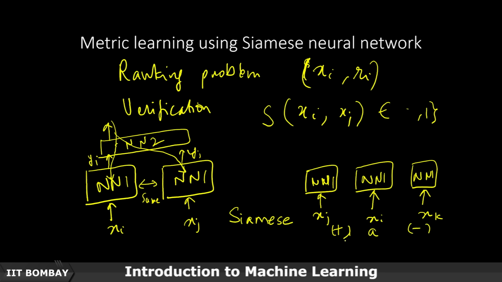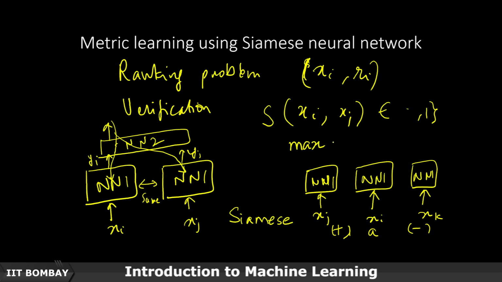Our loss will be a hinge loss over the Euclidean distances of yi minus yj and yi minus yk. We want to minimize the max of a hinge loss.